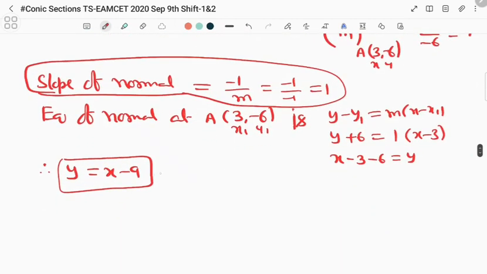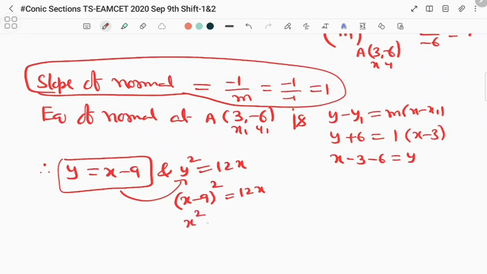So solving this, y is equal to x minus 9 and y square is equal to 12x. So in place of y substitute x minus 9 whole square is equal to 12x. So x square minus 18x plus 81 minus 12x equal to 0. x square minus 30x plus 81.